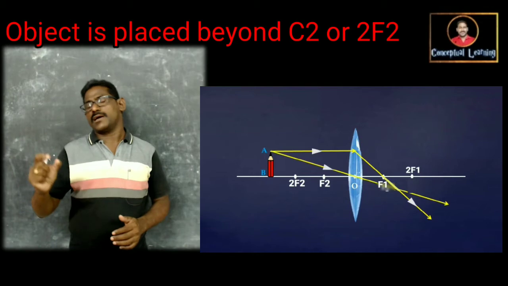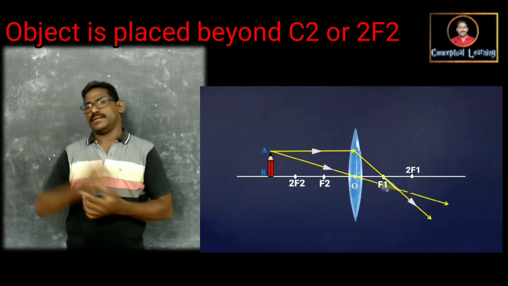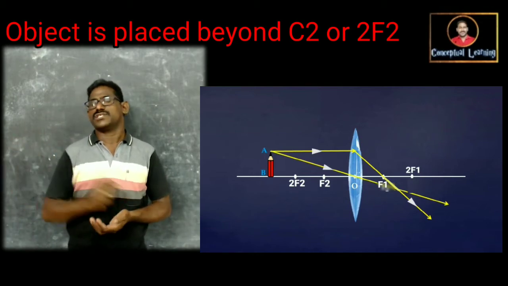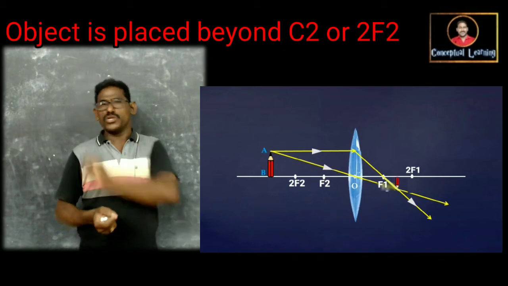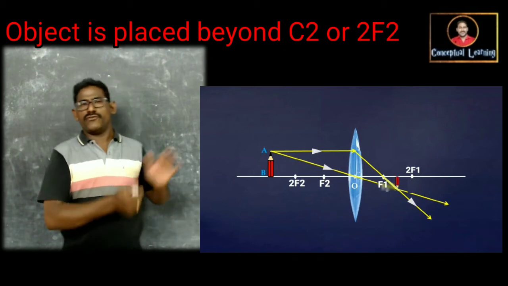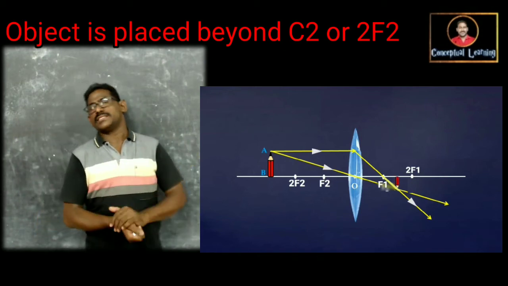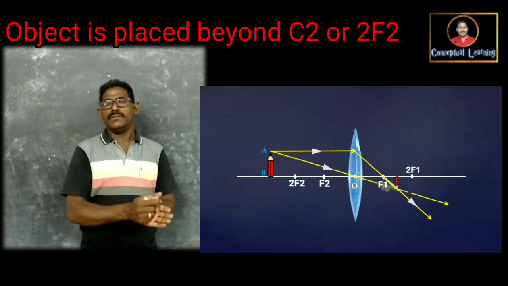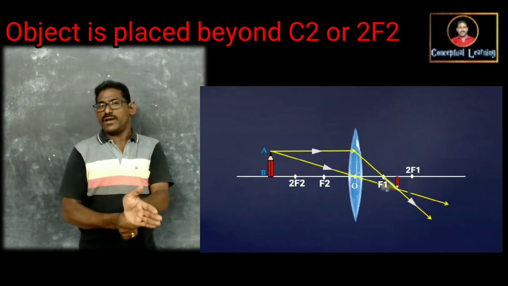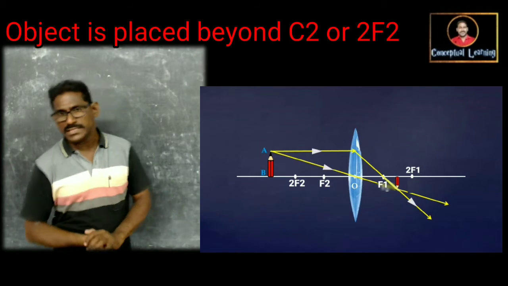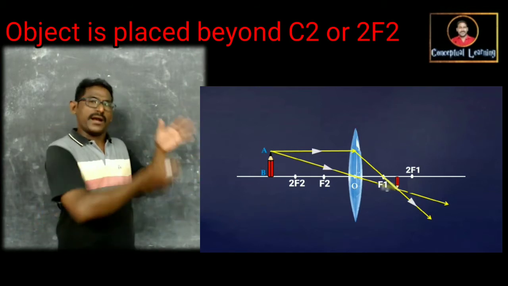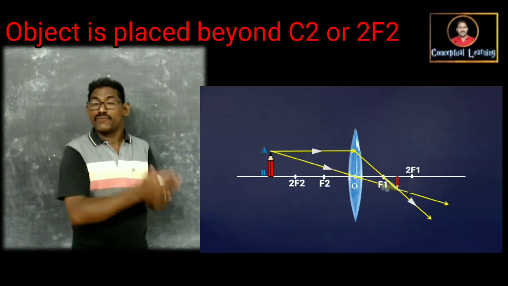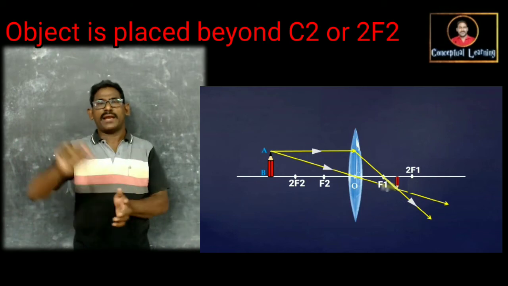These two rays intersect at a point, and the point of intersection is the position of the image. Here if you observe, these two rays meet in between F1 and 2F1. That means when the object is placed beyond 2F2, the image is formed between F1 and 2F1.